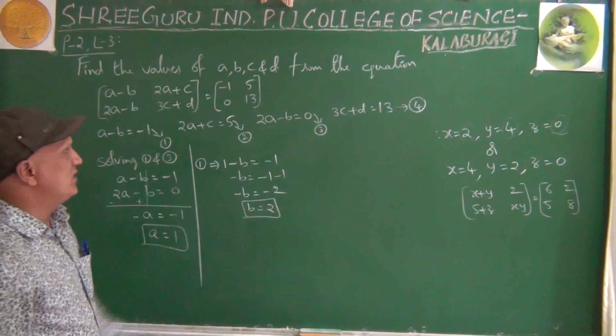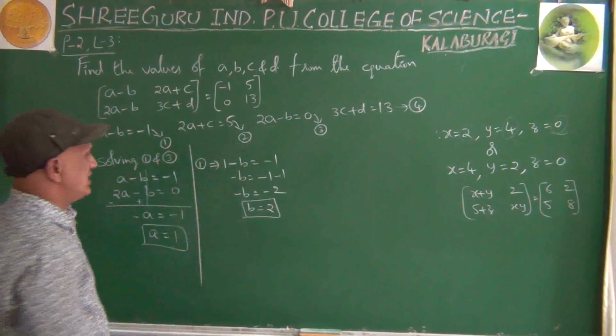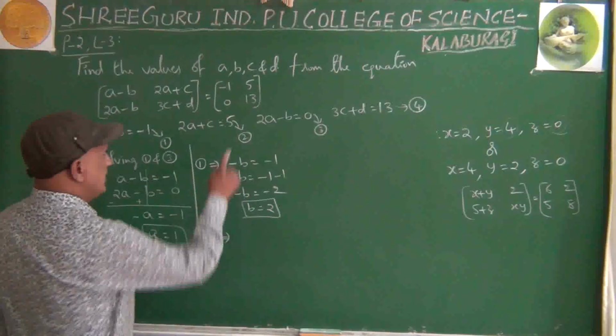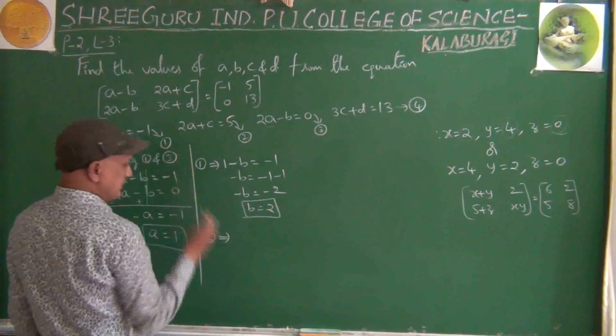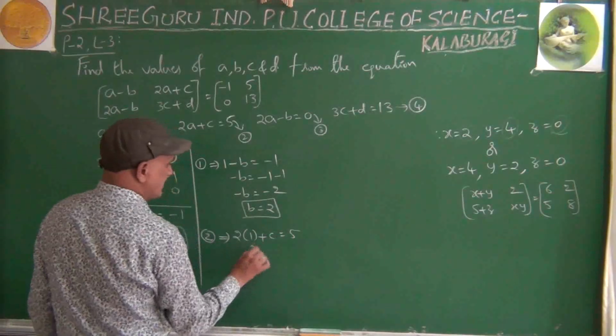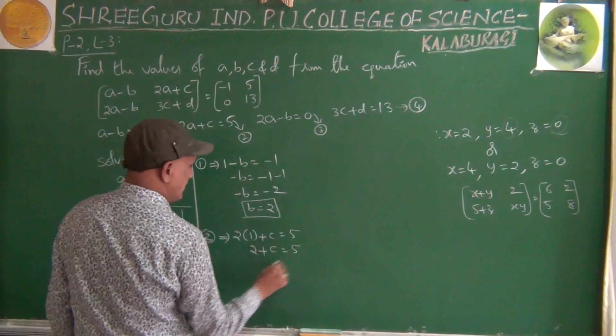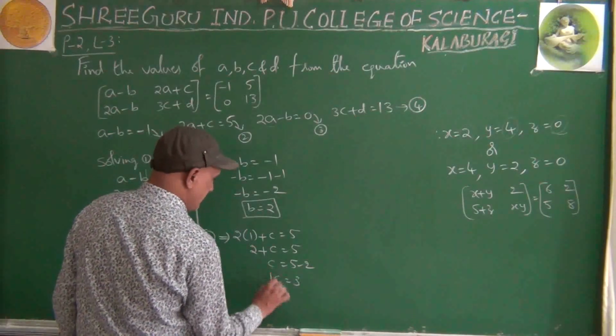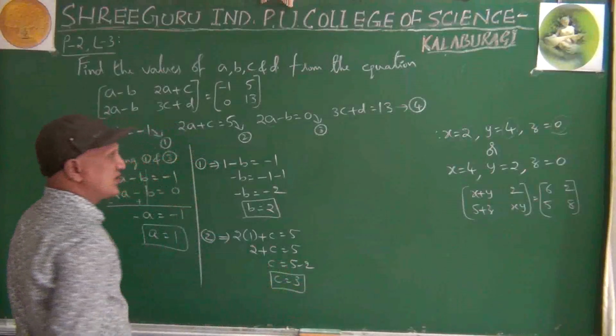A value we got, B value we got. Equation 2 is there. From equation 2 we get C value. A value put 1. 2 ones are 2 plus C equals 5. C equals 5 minus 2. C equals 3.